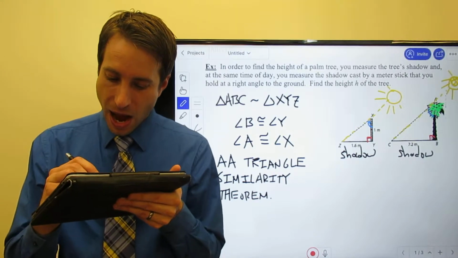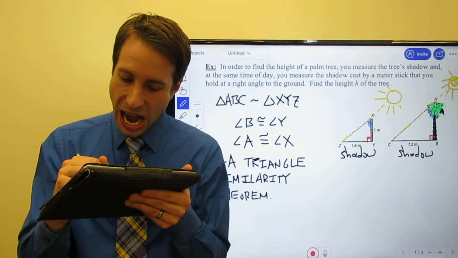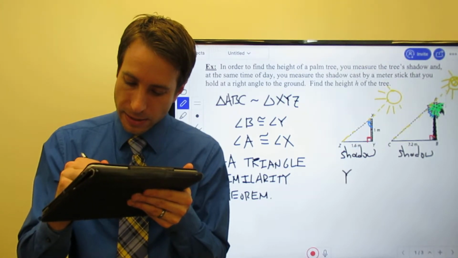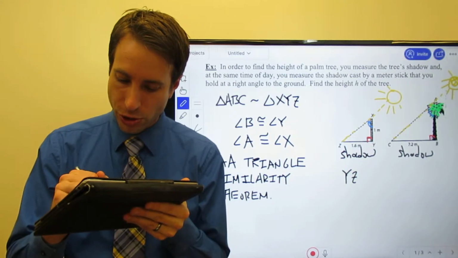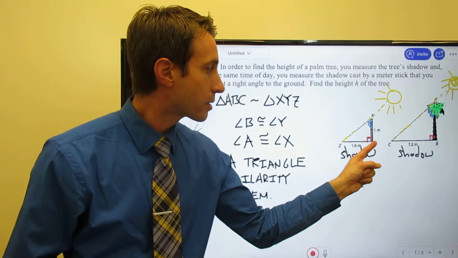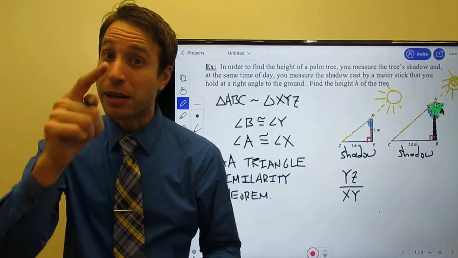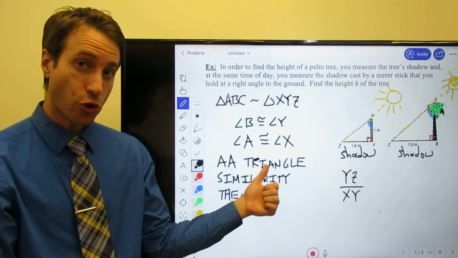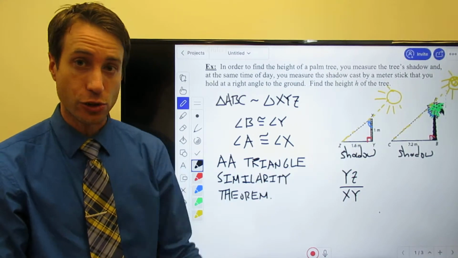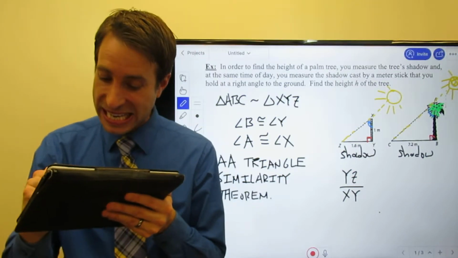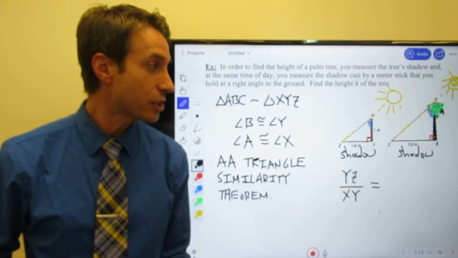Let's do that. Thanks to the triangle similarity theorem, I know that YZ has to be proportional to XY. And because the triangles are similar, the ratio in this triangle has to be equal to the exact same ratio in this triangle.